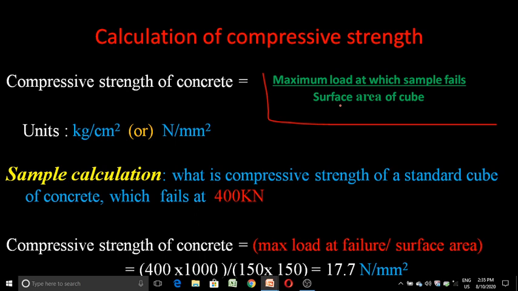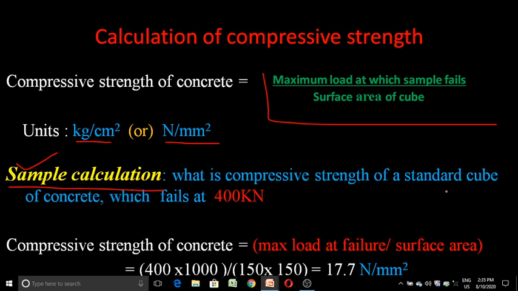The load at which the sample fails is called the maximum load that can be applied over the sample, and if you divide that load by the surface area of the cube, that gives the compressive strength of the concrete. Generally, it is measured in kg per centimeter square or Newton per mm square. Here I have a sample calculation showing how to calculate the compressive strength of concrete.